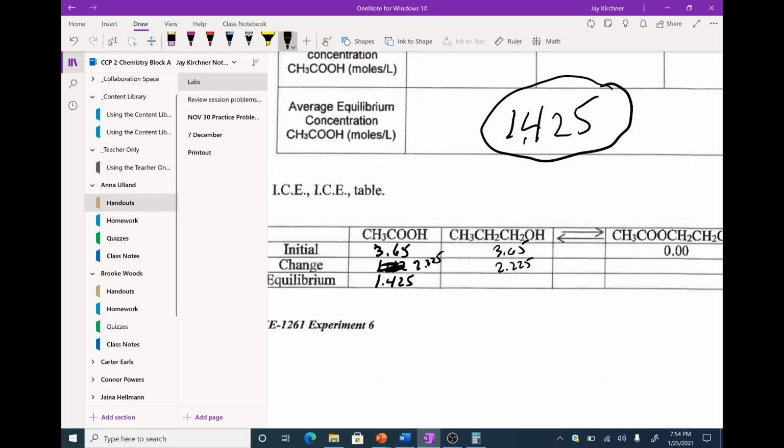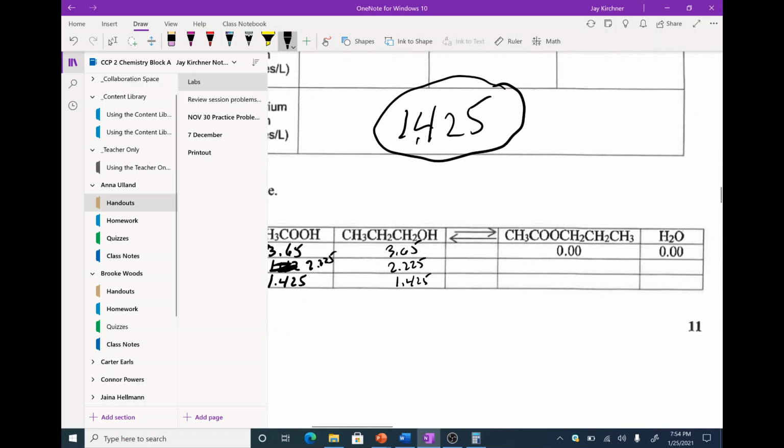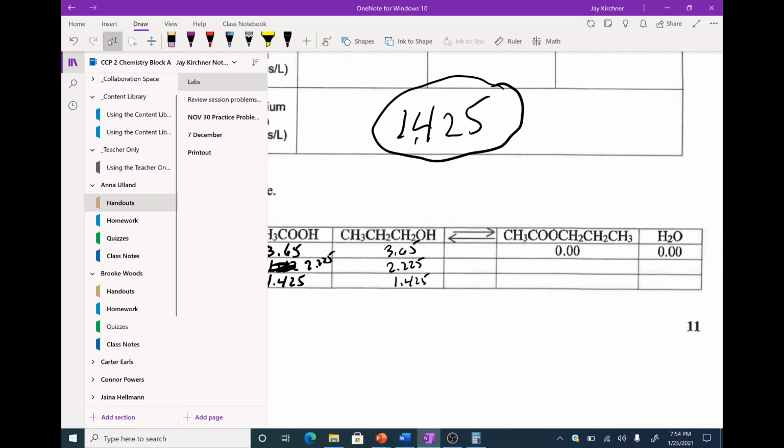We're going to assume it's the same because they're put in the same ratio, by the way. So now we put over here x, our change in x, everything's 1, by the way. We're going to put our change in x as plus 2.225. Then we get 2.225 and 2.225.